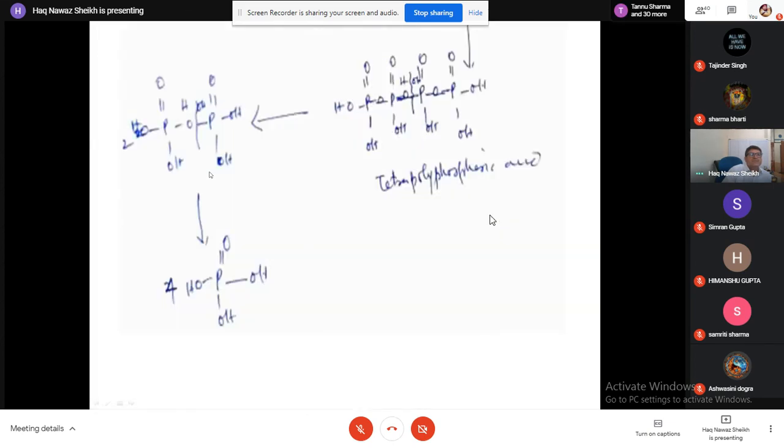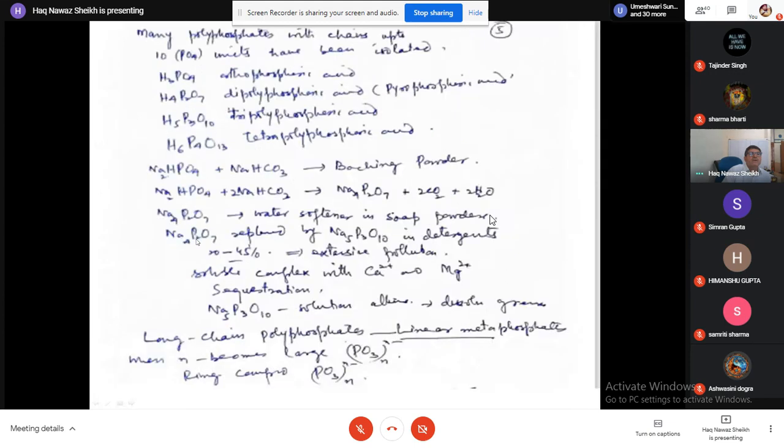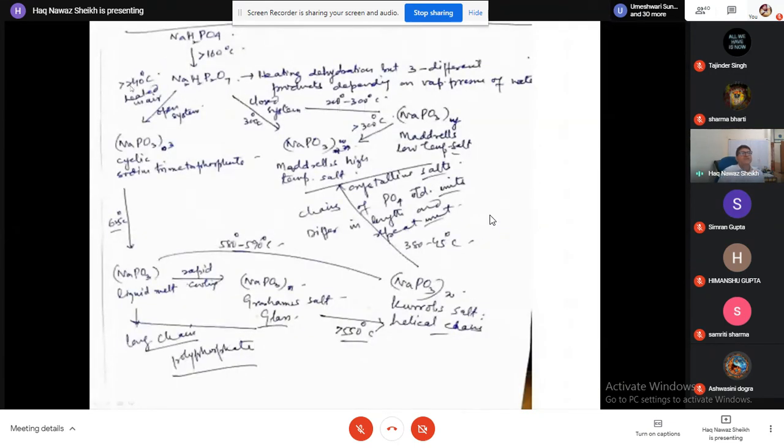This compound is formed by heating at less than 240 degrees in air, open system.